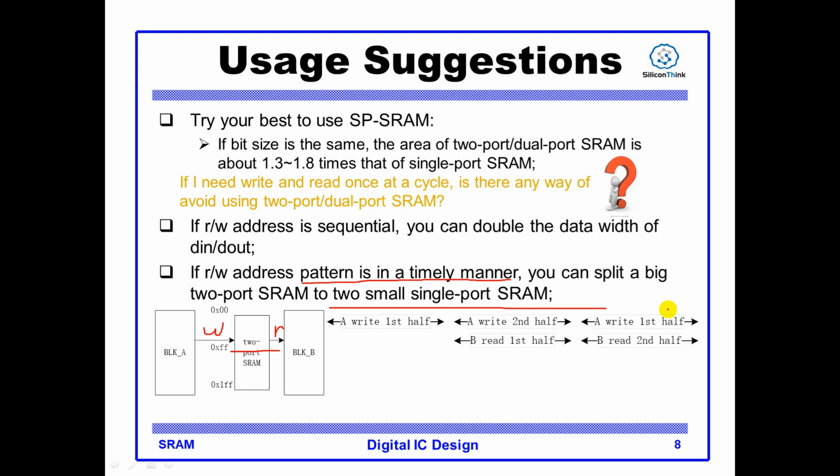For this time, block A will write the first half. Then block A will write the second half, but block B will read the first half, in a timely manner.